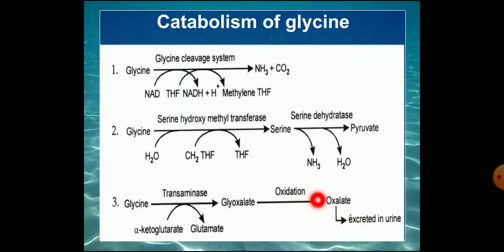So finally it can be excreted through urine also, and glycine can also produce ammonia in the serine dehydratase reaction. Ammonia is produced, which can also be converted to urea and excreted.